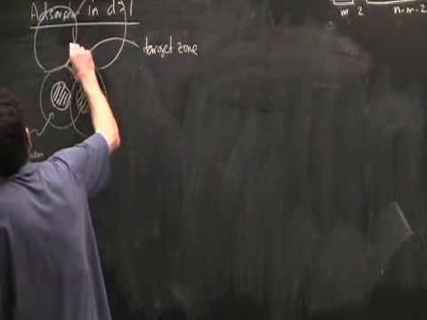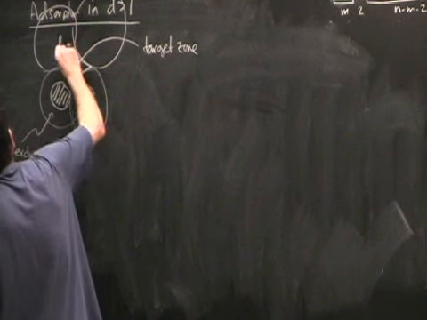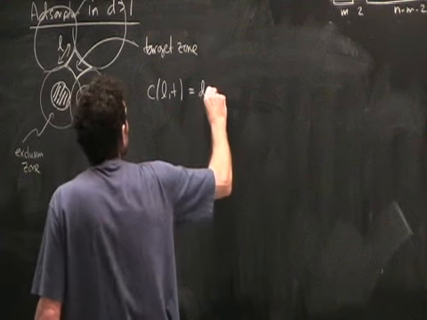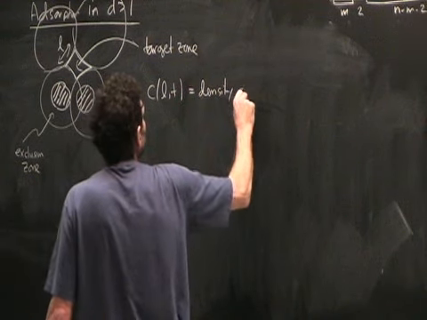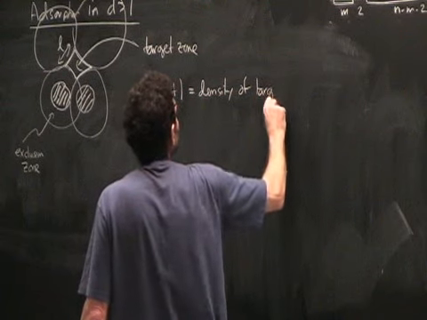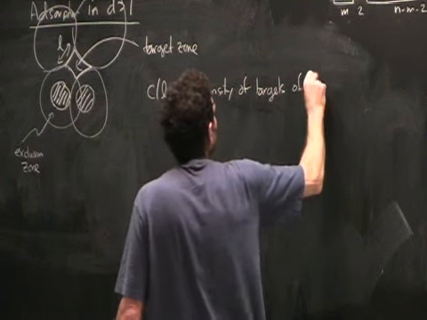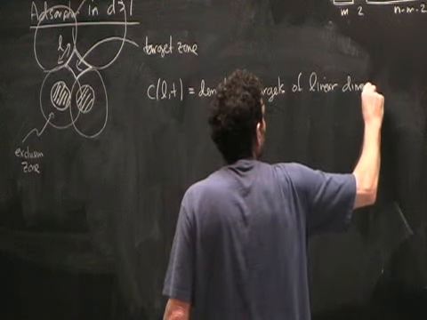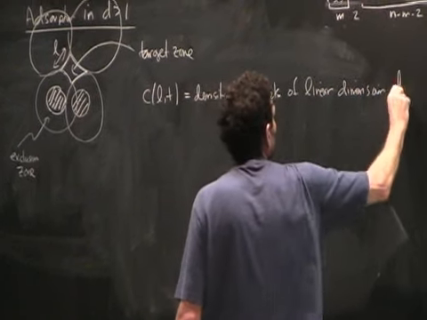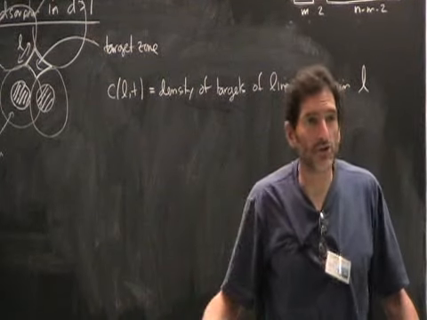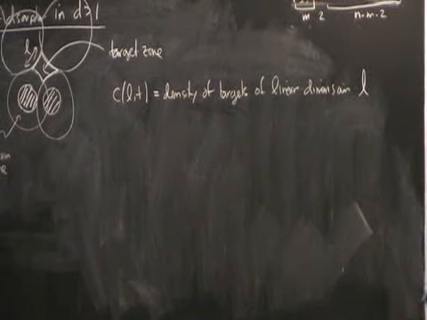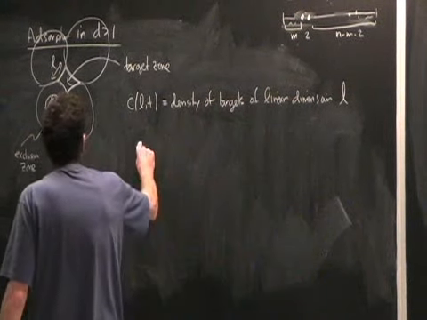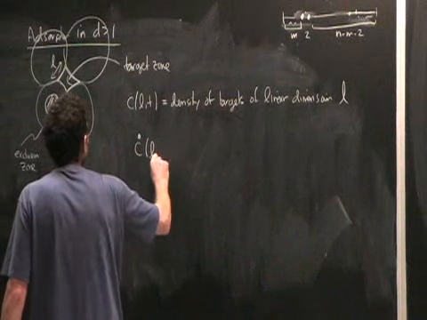Let's suppose I have a target zone which has a characteristic length scale L. Let me call C_L(t) the density of targets of linear dimension L. Clearly these target zones are going to disappear because you're absorbing at some rate. So let me write down a rate equation for how C_L(t) decreases with time.